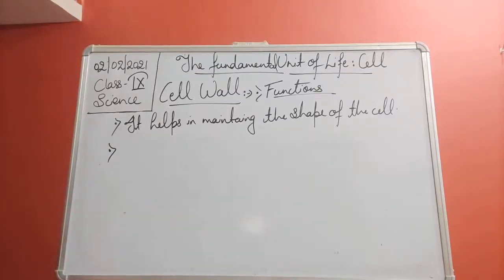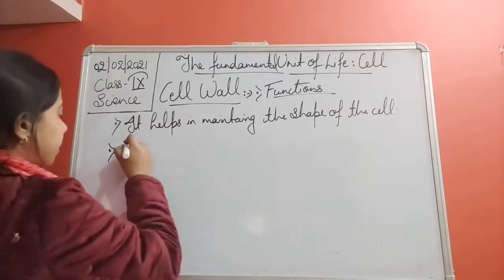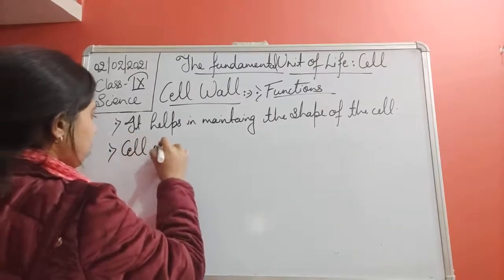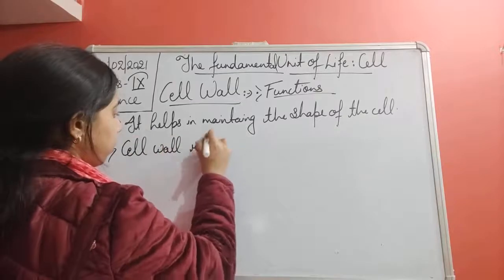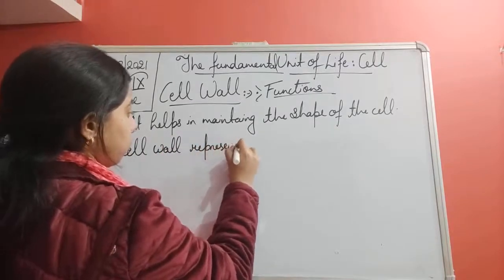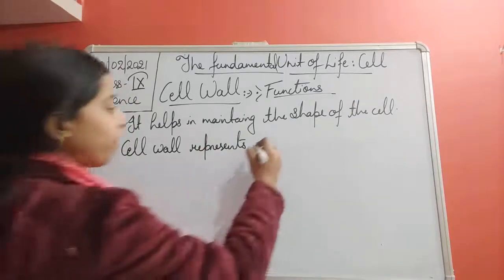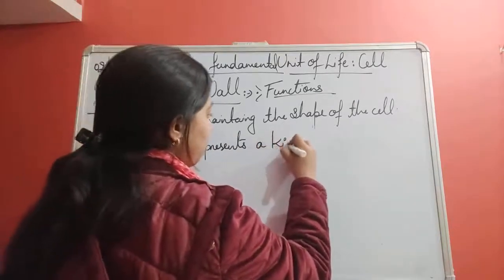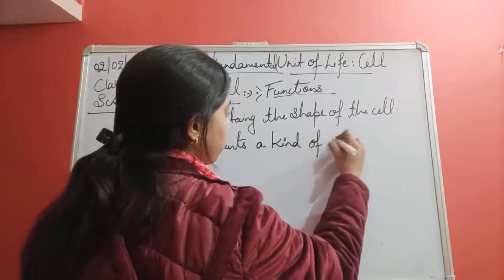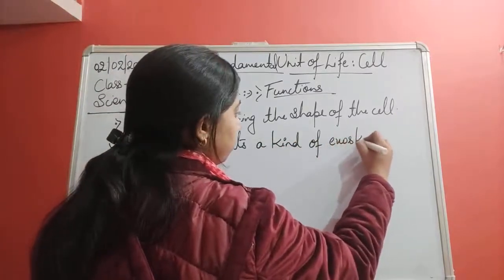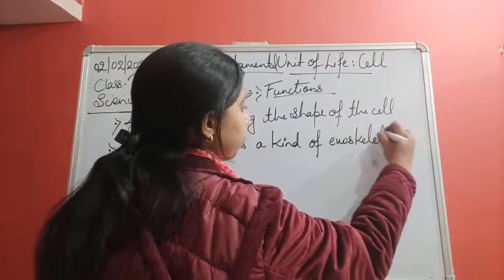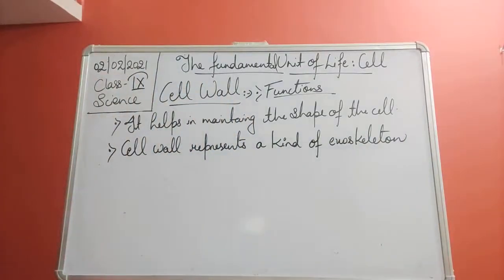So we can write that the cell wall represents a kind of exoskeleton.